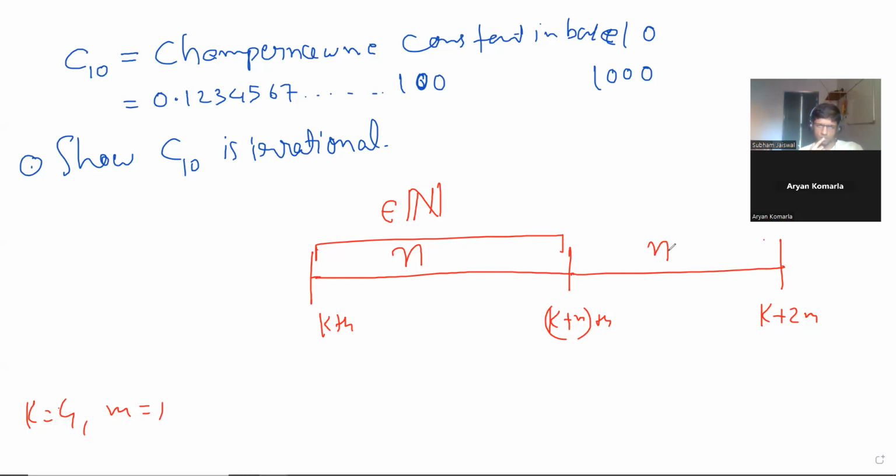So it starts at the kth position, and ends at k plus m. So we'll have m plus 1 digits in this repeating block that we consider.